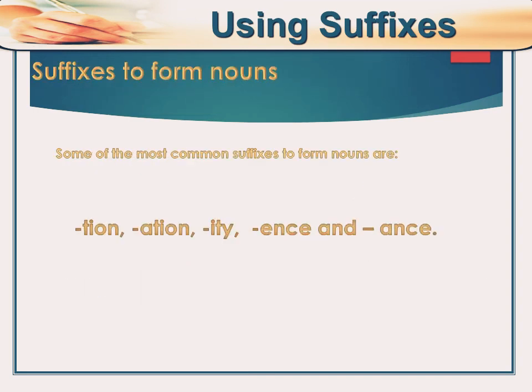Apart from the previous suffixes that we dealt with before, we are going to have examples of word formation with some different types of suffixes. For example, some of the most common suffixes to form nouns are tion, ation, ity, ance, and ence.